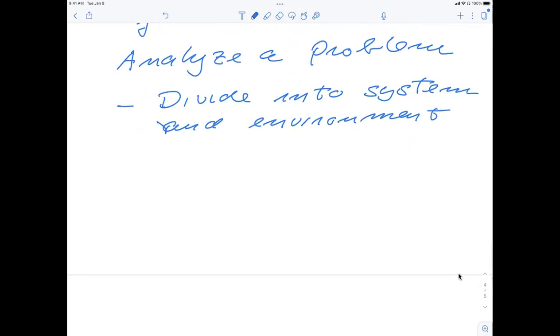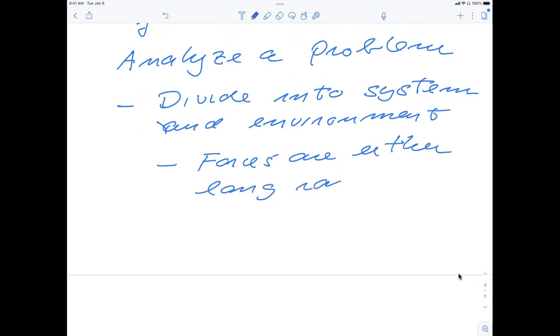The forces which we are going to look at are either long range or contact forces. These are the typical forces which we encounter when we deal with classical mechanics.